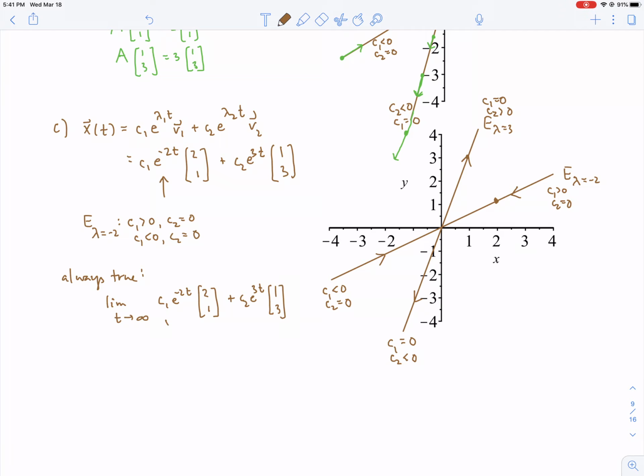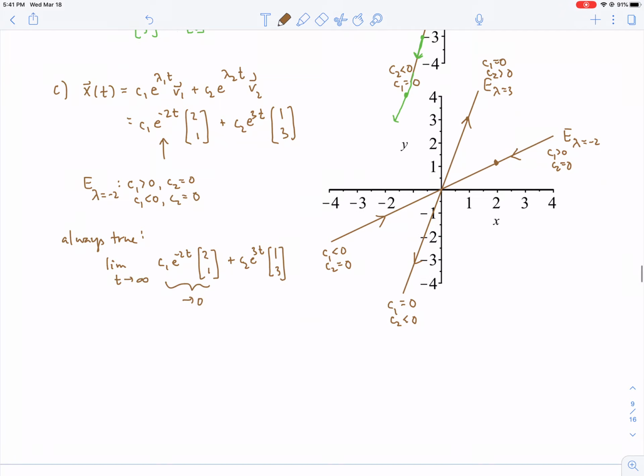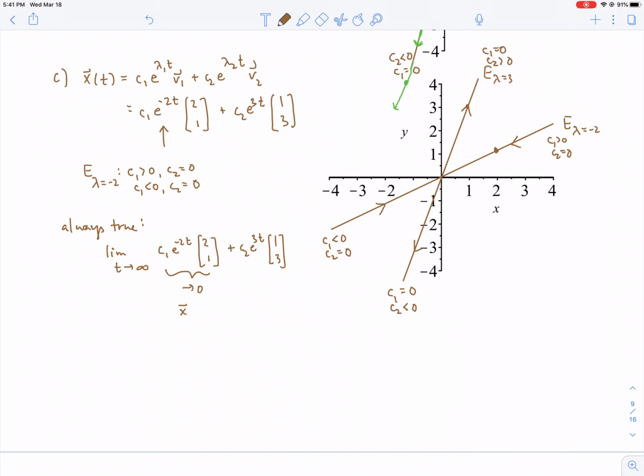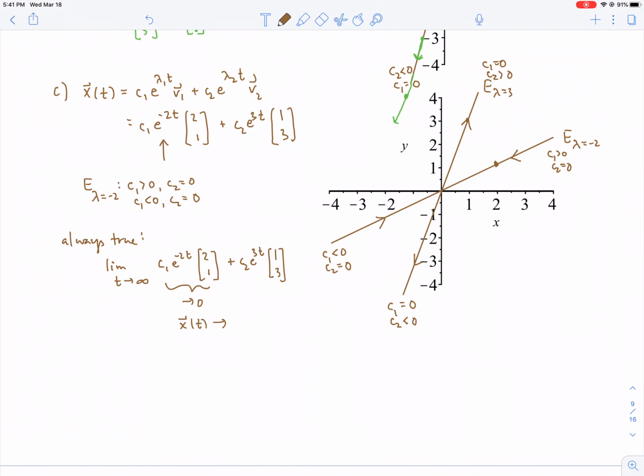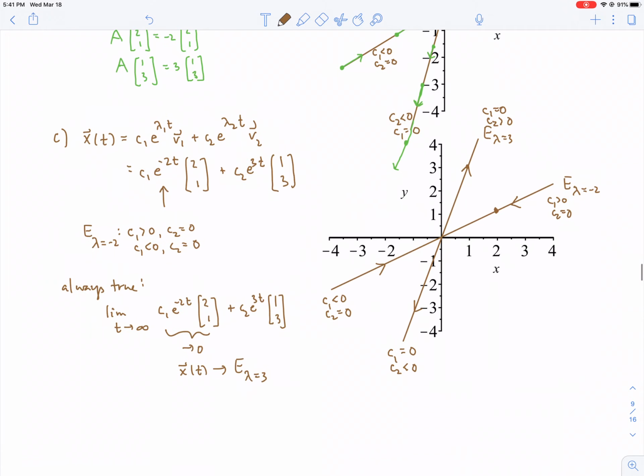And so this is going to 0, so x of t is converging to the lambda equals 3 eigenspace, but it's also converging to infinity. So it's asymptotically converging to that eigenspace, which is an asymptote for the parametric curve.